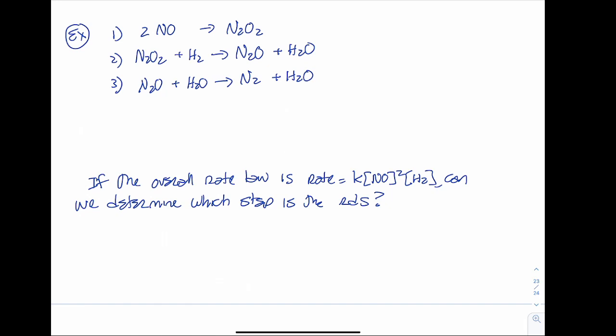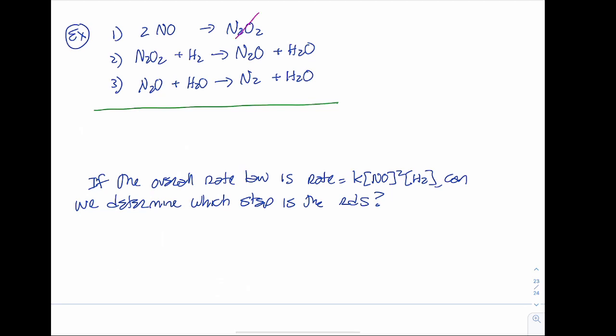So I'm not going to put slow and fast on there. We're going to see if we can figure that out. So my net equation first. Again, we're going to add these together, reactant sum together, product sum together. Anything that's on the reactant and the product side gets canceled out. So this would be a great time for you to hit pause, answer this yourself, and then when you're ready to check your work, hit play again.